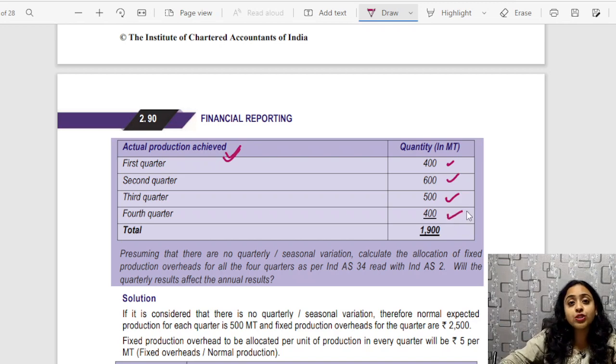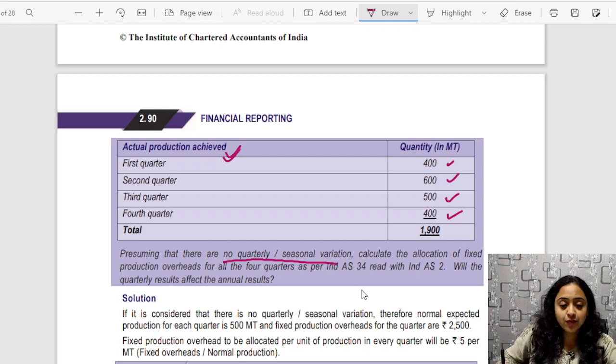So 2000 was the target but they have achieved only 1900. Presuming that there are no quarterly or seasonal variations, calculate the allocation of fixed production overheads for all the quarters as per Ind AS 34 read with Ind AS 2. Will the quarterly results affect the annual results?